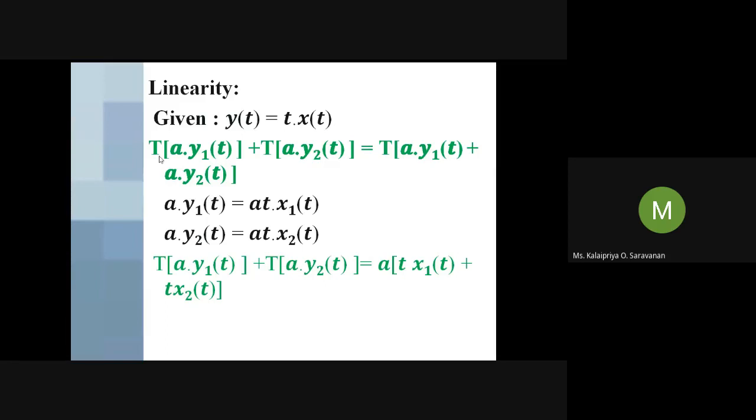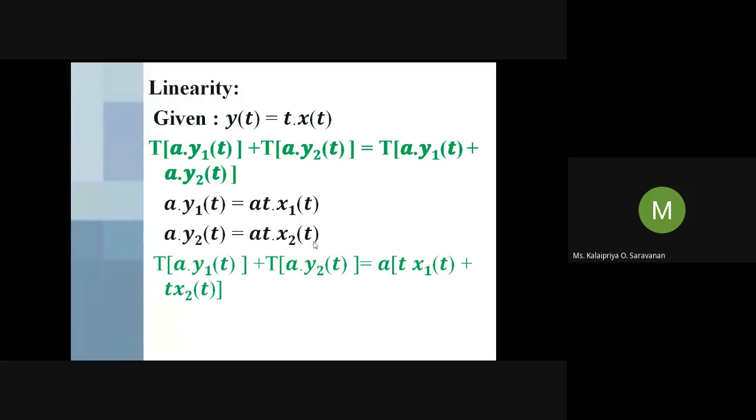For the LHS, you will have to create the signal a into y1 of t and then apply the transformation over it. In which case a t x1 of t will be your answer. Similarly, for a y2 of t, you will get a t x2 of t.